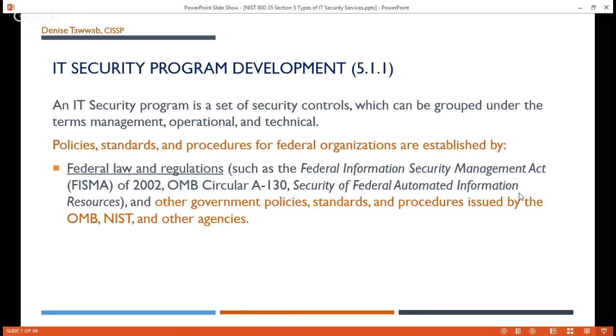Then you have OMB Circular A-130, and I'm sure there are some others that have been implemented since I did this publication, but there are a lot of federal policies and regulations and laws that govern how IT security programs are managed within federal organizations. And then there are other government policies, standards, and procedures that are issued by the Office of Management and Budget, NIST, and other agencies on an ad hoc basis.